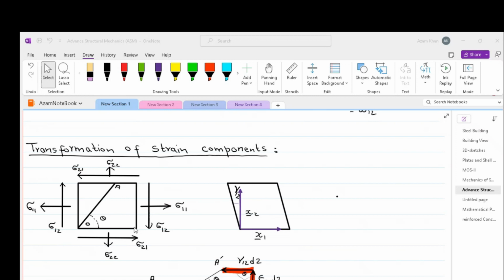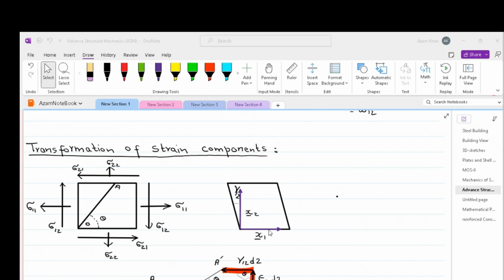We call it plane stress because we are ignoring the stresses in the third dimension. The normal stresses are assumed to be tensile and they elongate the element in the x1 and x2 directions, whereas the shearing stresses distort the element through the shear strain gamma 1 2 as shown in this figure.